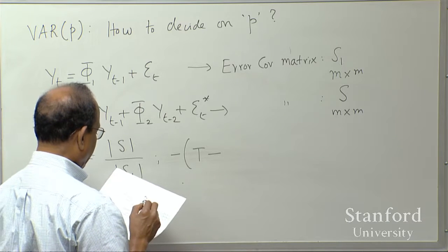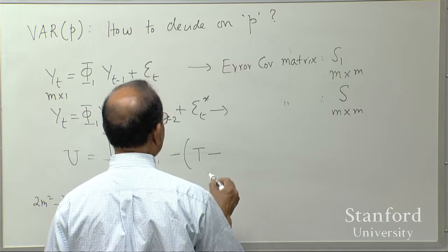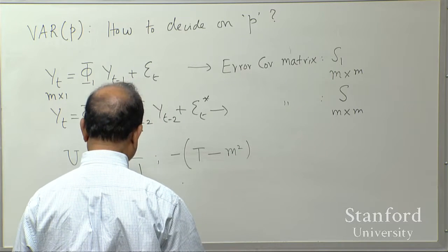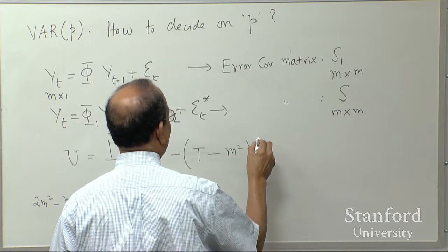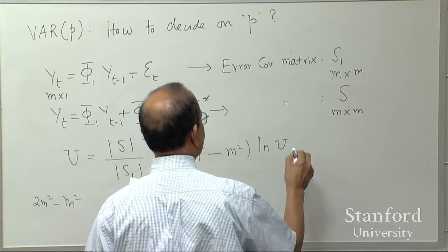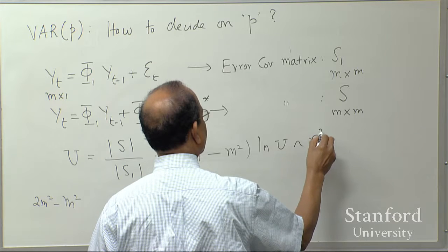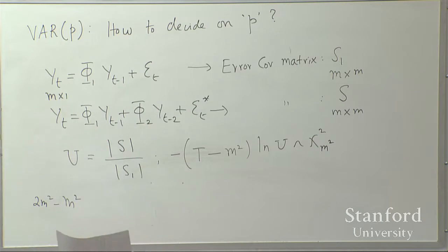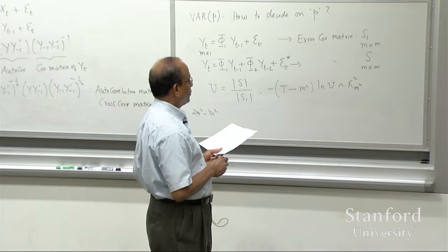So roughly, that's the logic I would use: T minus m squared times the log of U should follow a chi square distribution with m squared degrees of freedom. That's a simple logic you can use, and this is called the likelihood ratio test.